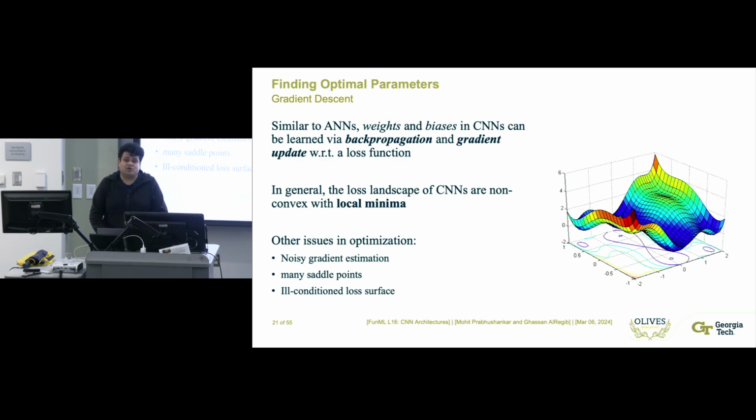The reason for that was the manifold itself was convex. But what you see over here is that the loss landscape is usually not convex in CNNs. And there's a very simple way of thinking about why that is.